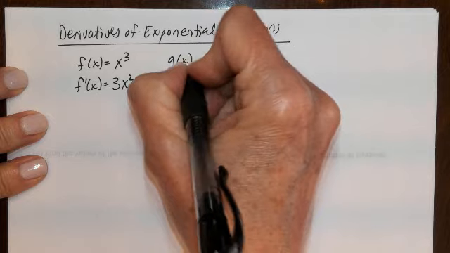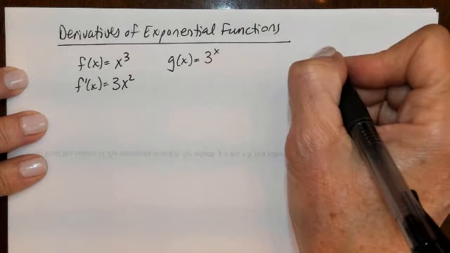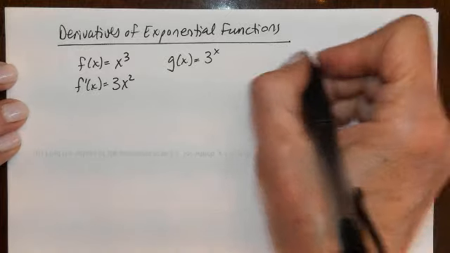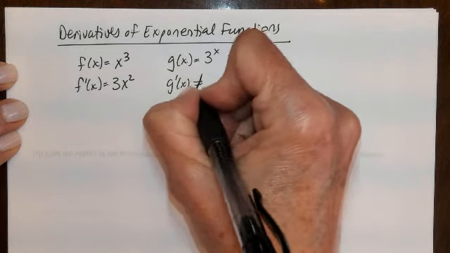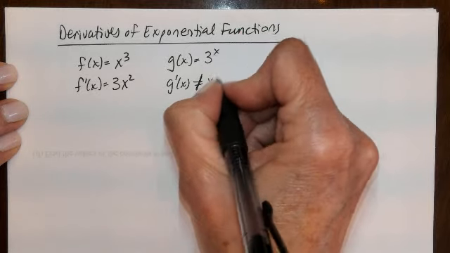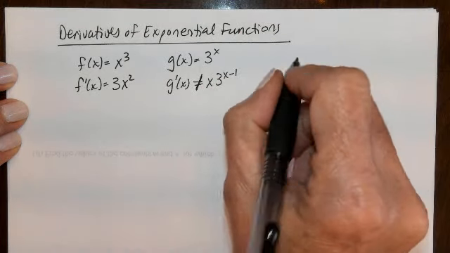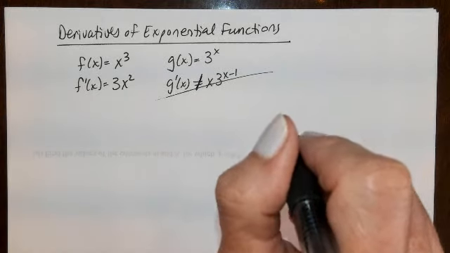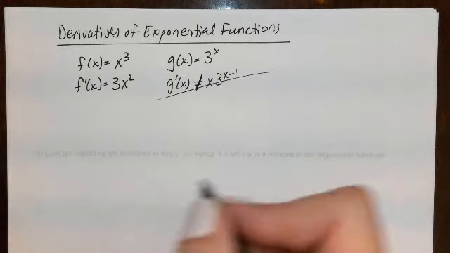But if you have g of x is 3 to the x, do not try to use some form of the power rule on that, okay? g prime of x is not x times 3 to the x minus 1. Does not work that way, okay? Don't try to do that. If you do that, I'll be very sad, okay? Don't do it. All right, so if it's not that, what is it?